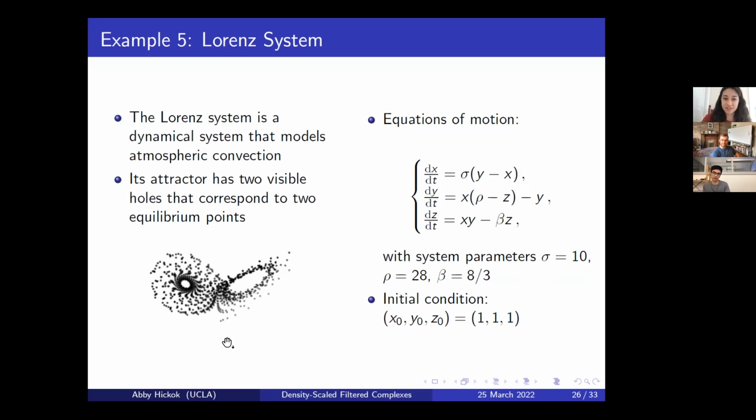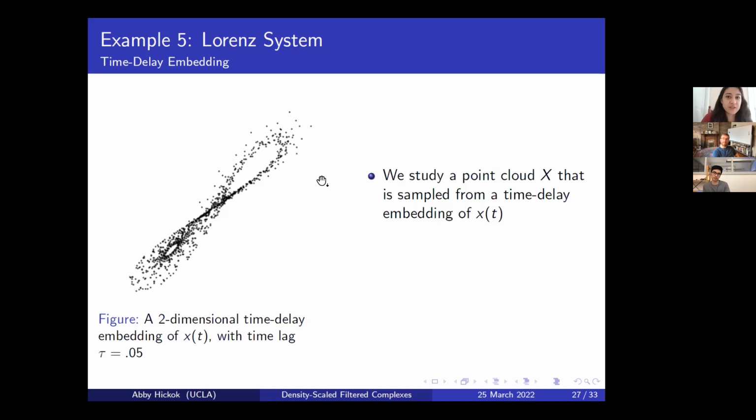you've probably seen a picture of this attractor, which has these two very visible holes that correspond to two equilibrium points. The point cloud that we're going to be dealing with here is actually coming from a time delay embedding of the x coordinate. I've put a picture on the left here of a 2-dimensional time delay embedding.